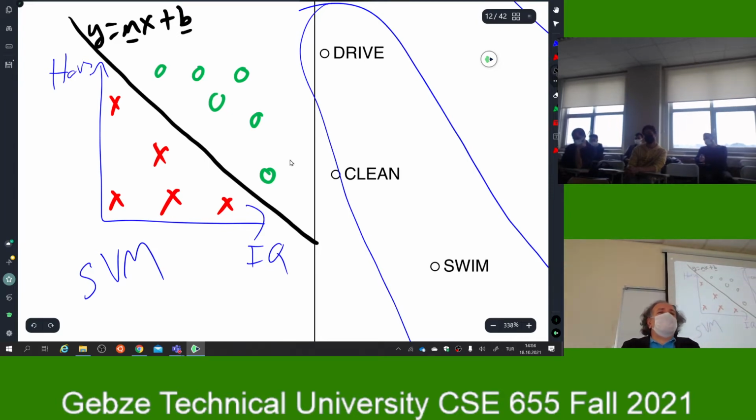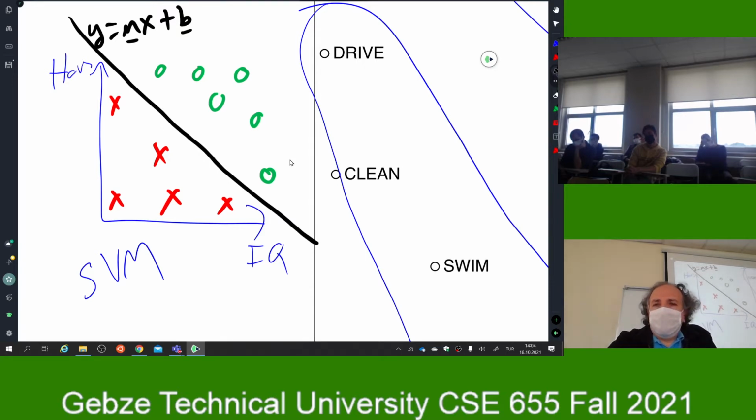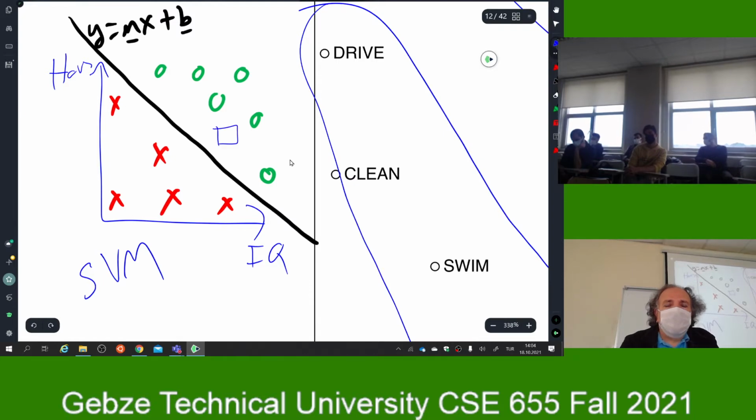By just choosing these 2 parameters, if now I have somebody new, for example, somebody came and he is here, his IQ is at that point and he is working 5 hours a day, I would say that since this blue box is above this line, I expect this guy to pass.